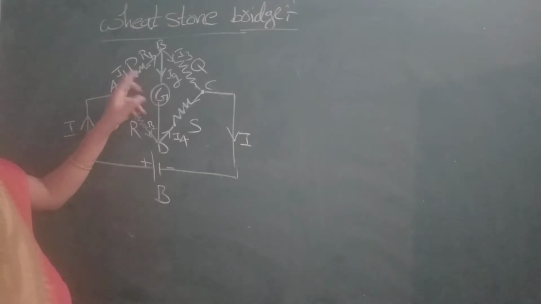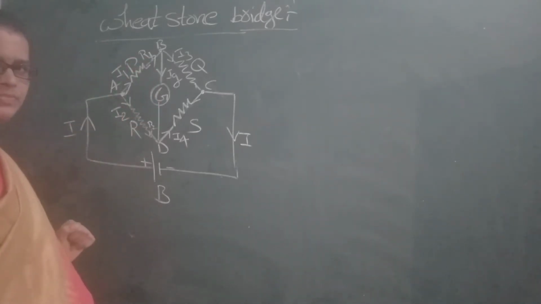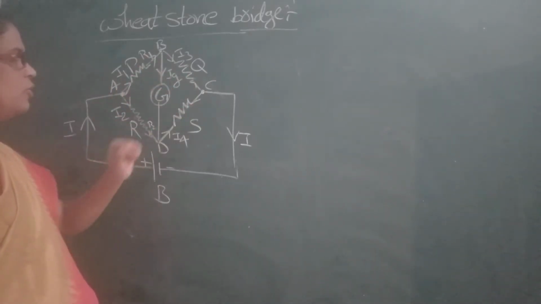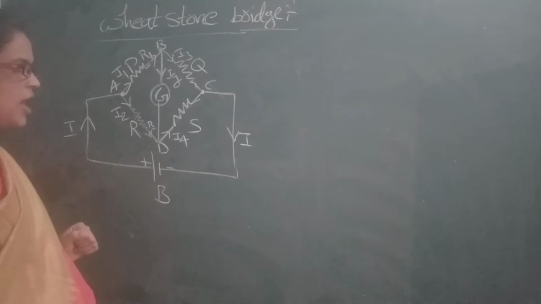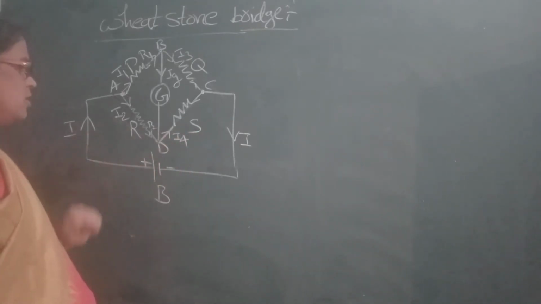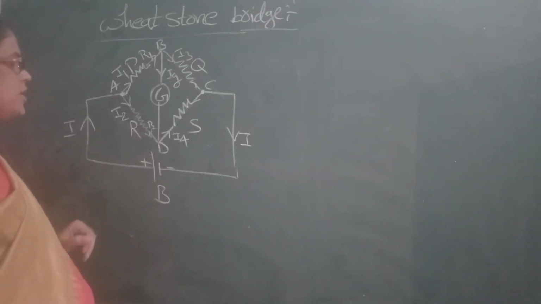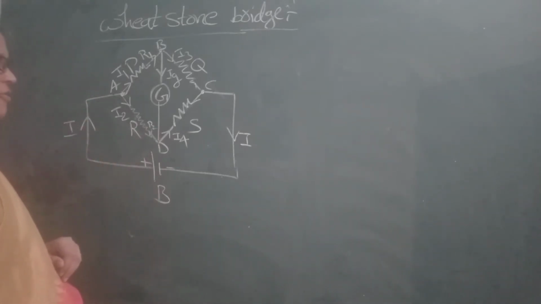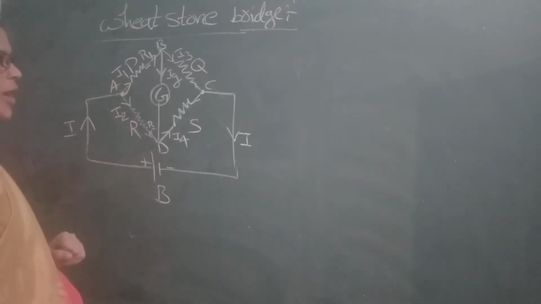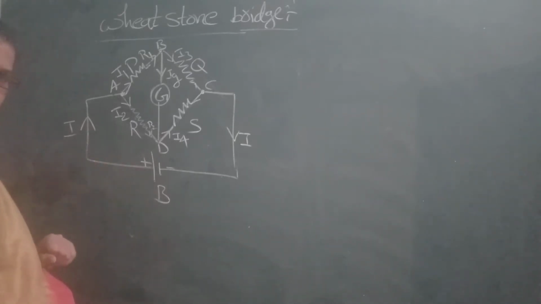First, see the resistors: P is R1, Q is R3, S is R4, R is R2. At point A the current is I1, at B it is I3, at C it is I4, at D it is I2.